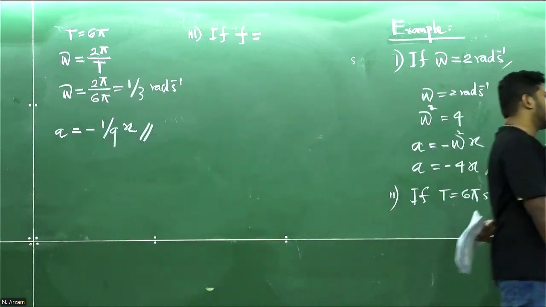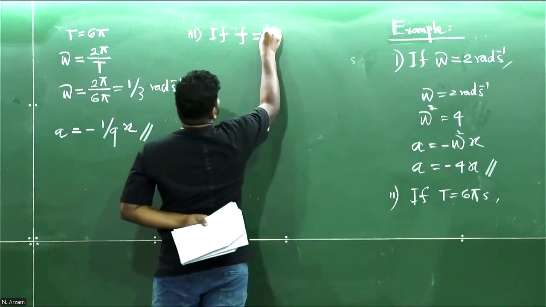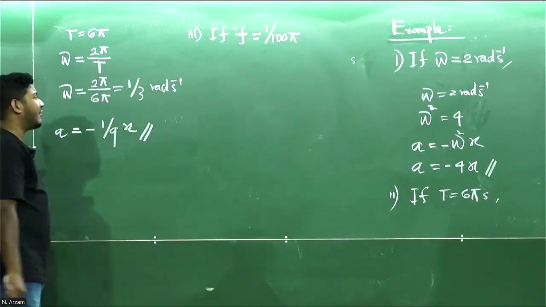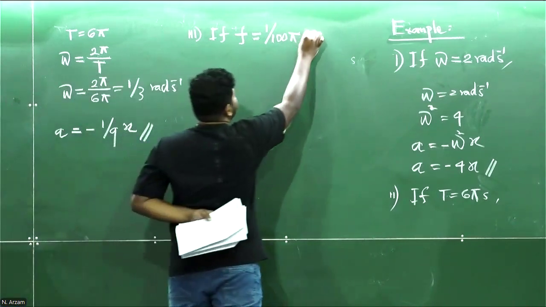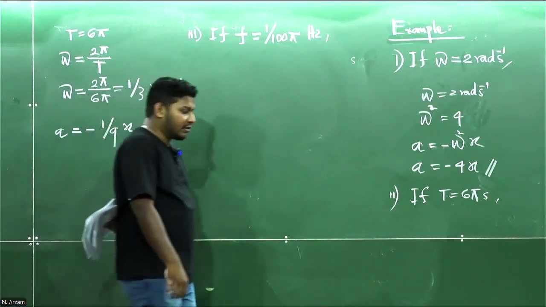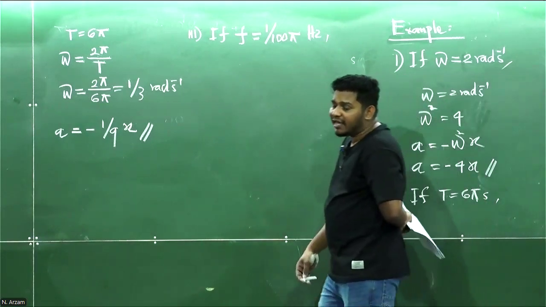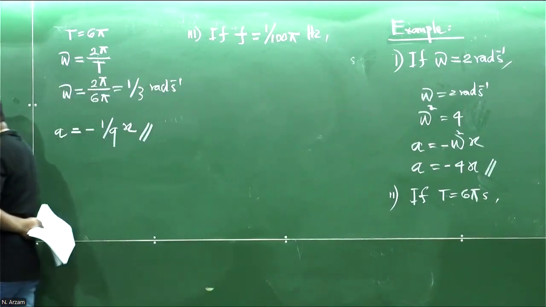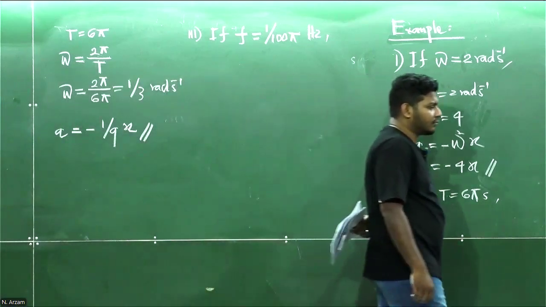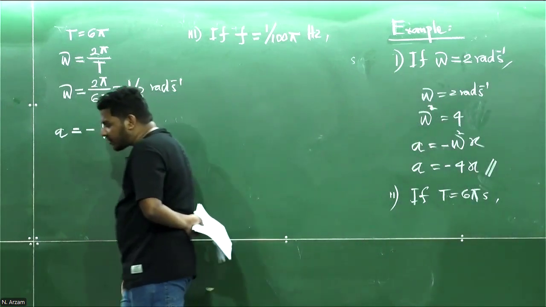If f is equal to 1 over 100π hertz, find the T, comma omega, and derive the equation for the SHM.